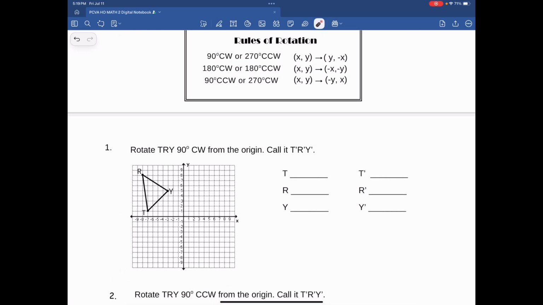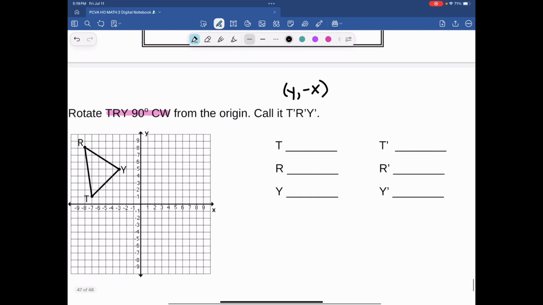So in this particular problem, we want to rotate the triangle TRY 90 degrees clockwise. So if we're doing 90 degrees clockwise, that is going to be our rule here. That means our values are going to go y, negative x. So we're going to write down our points for the original.